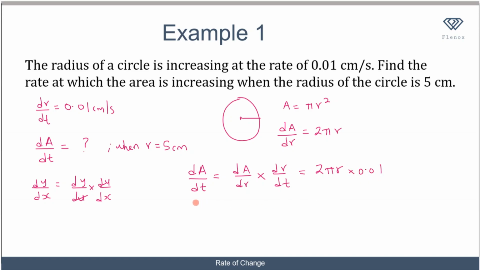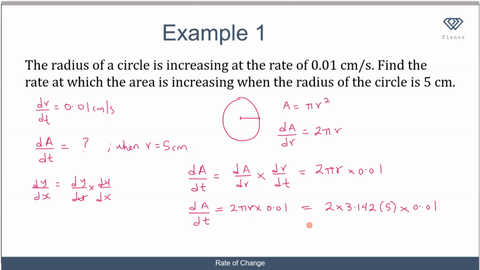So what do I have? I have my dA over dt, and I'm told now that when the radius is 5, I substitute. I have 2 pi r times 0.01. So when r is 5, I also substitute the value of 5 over here. So I have 2 times, and I'll take pi as 3.142, 3.142, my radius is 5, then times 0.01.